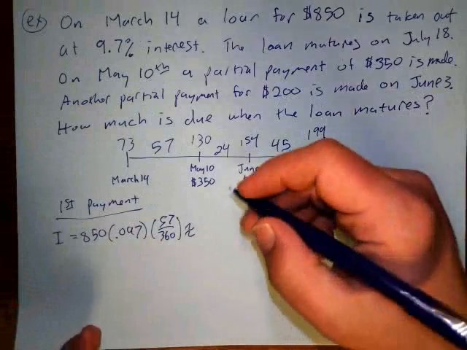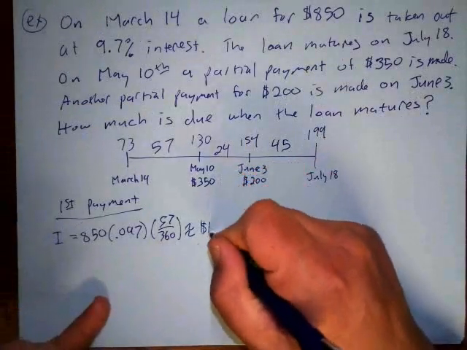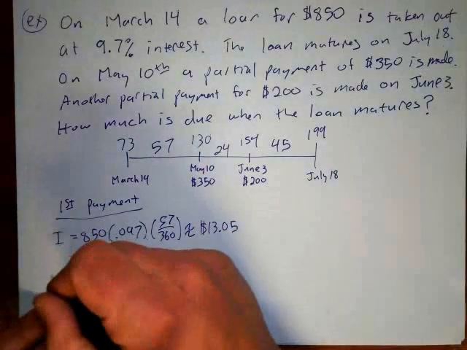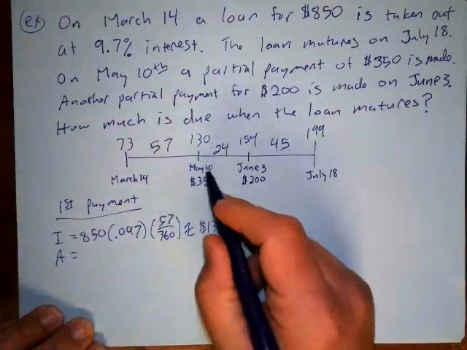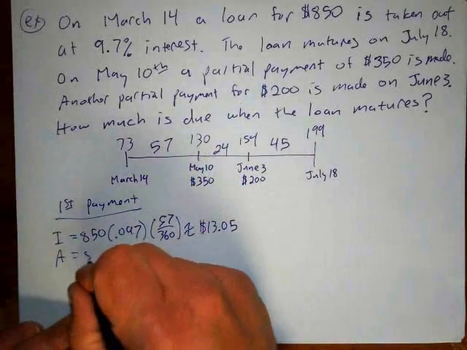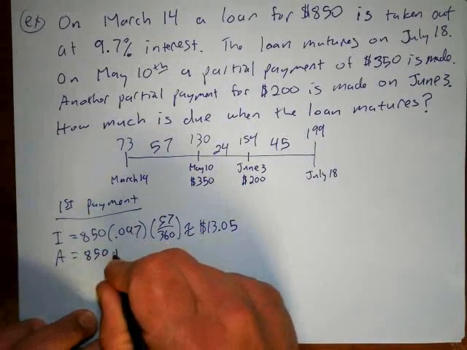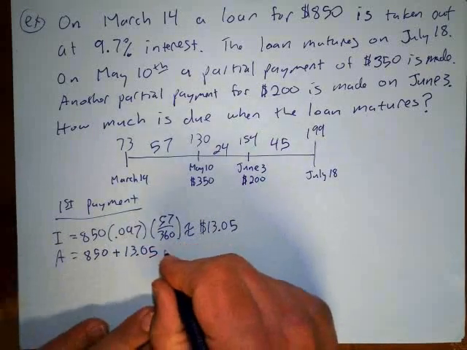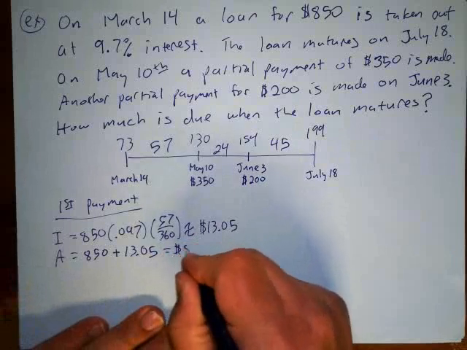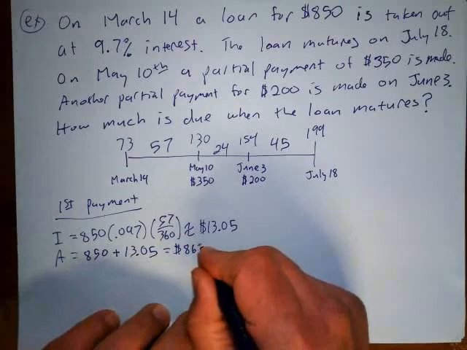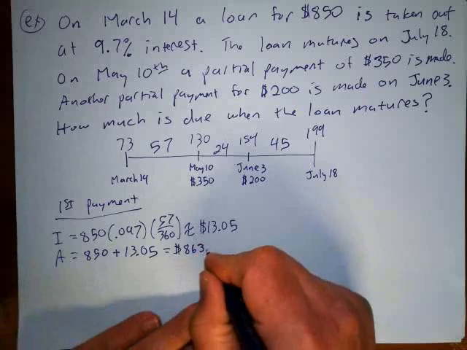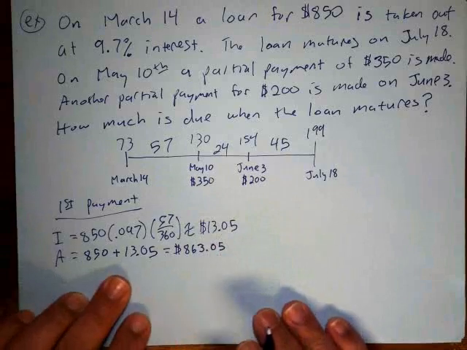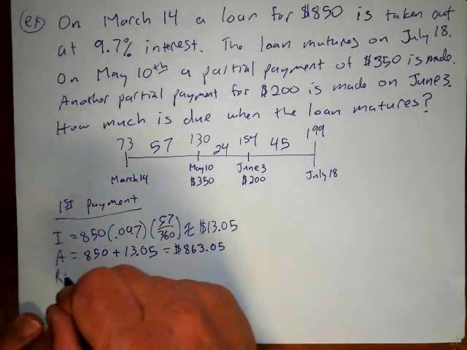And that's like $13.05. So the amount that I owe on May 10th would be the $850 plus the $13.05. And so that would be like $863.05.